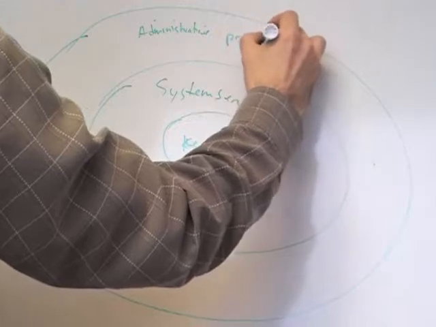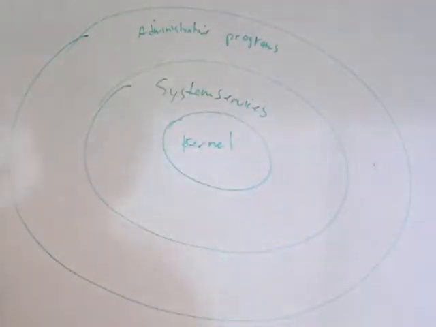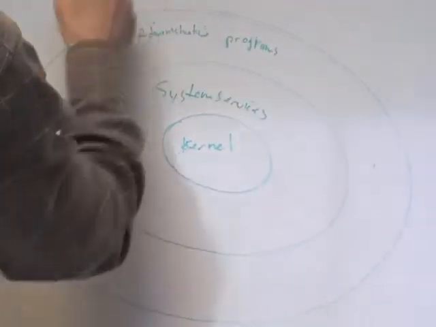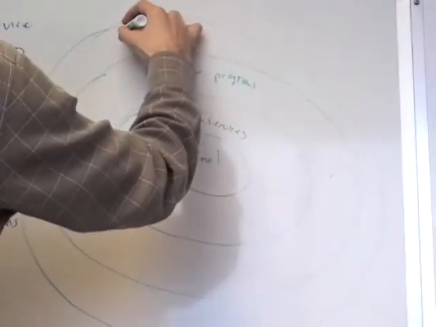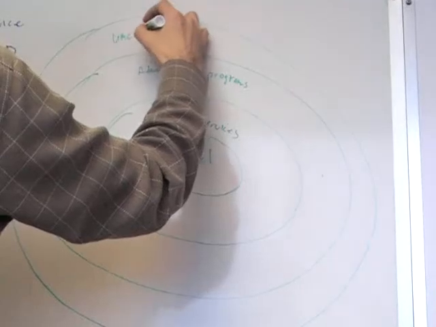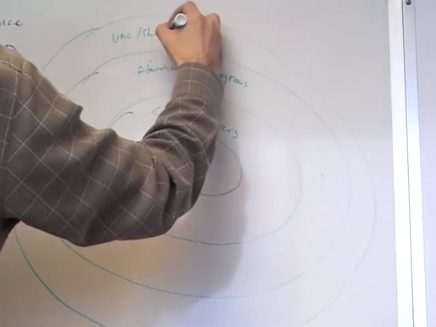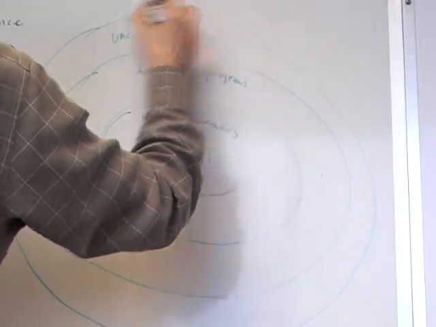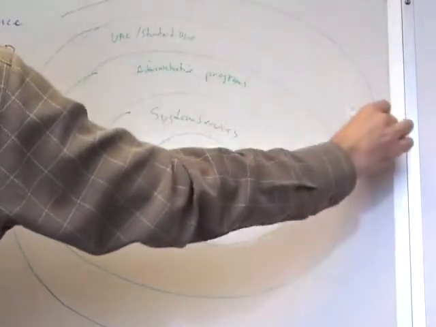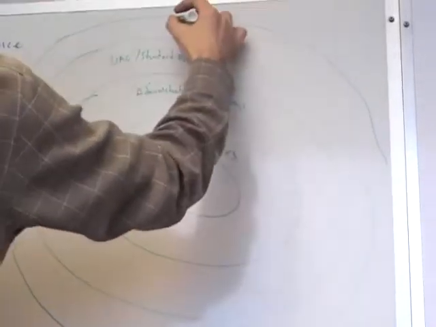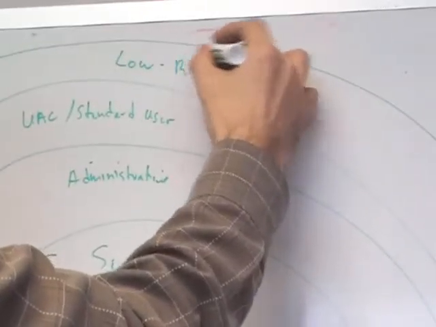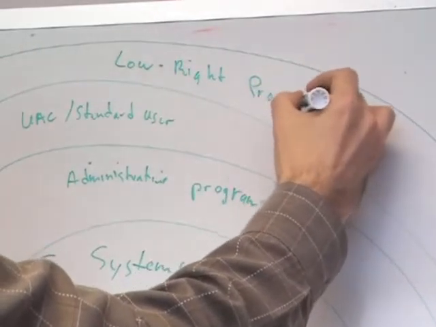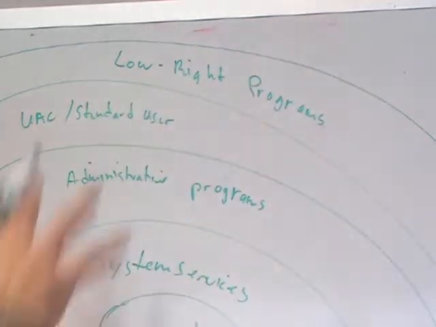And these are programs that are running as administrator. You've elevated to administrator. And then you've got UAC, standard user. And then there's a final sort of layer here, which I'll just call low rights programs. So this is the situation we've got in Vista.